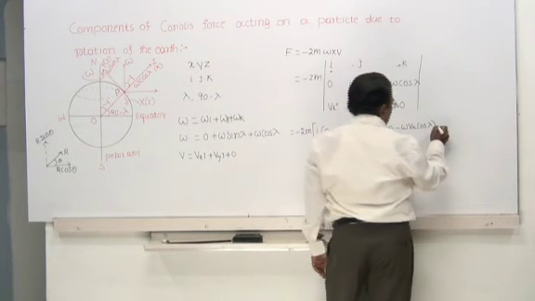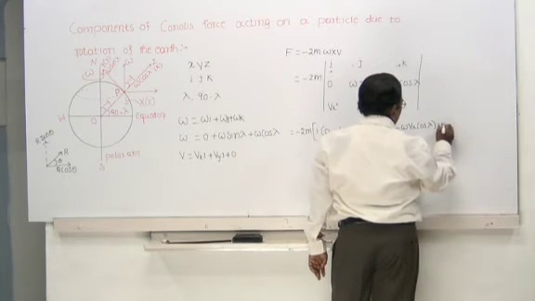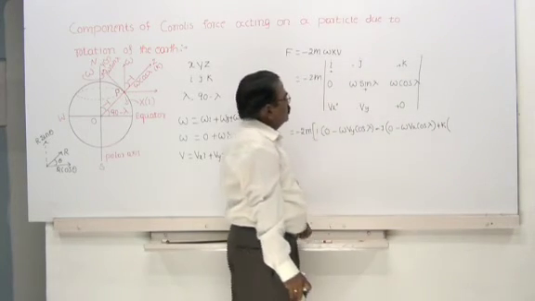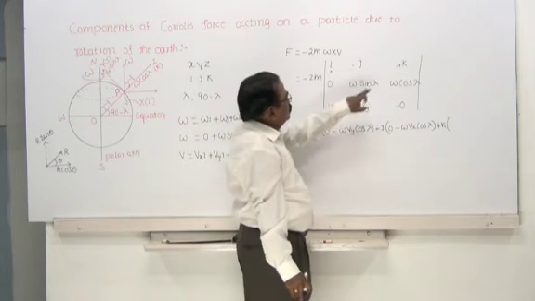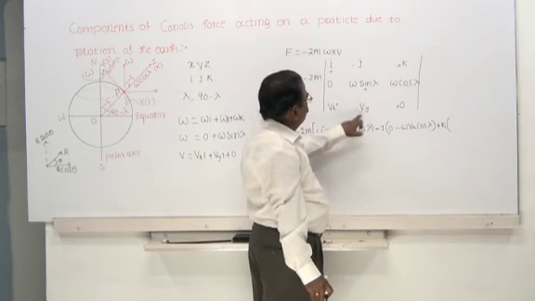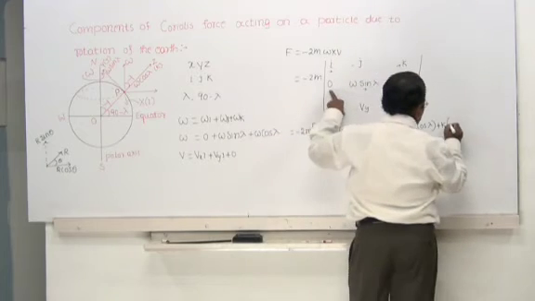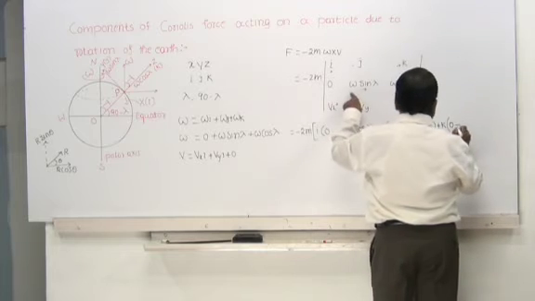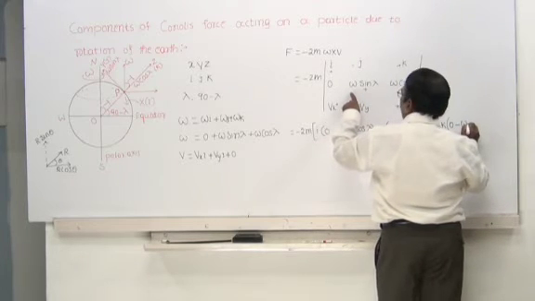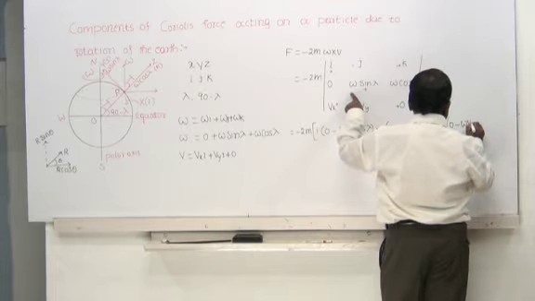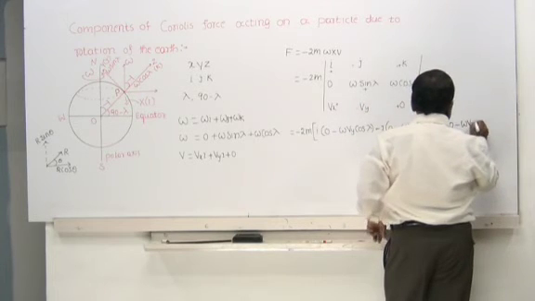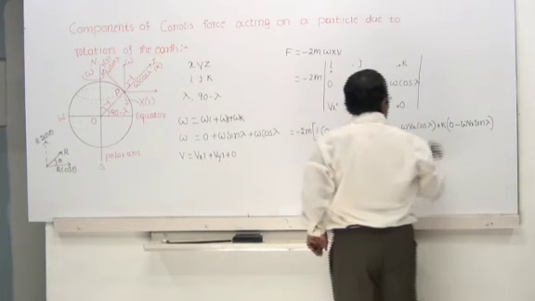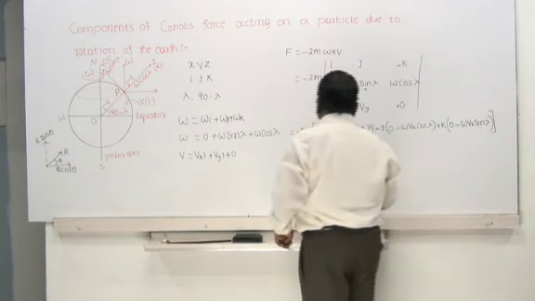And similarly, plus for the next: the product of these two, 0 minus omega Vx sin lambda. So you can do this bracket.